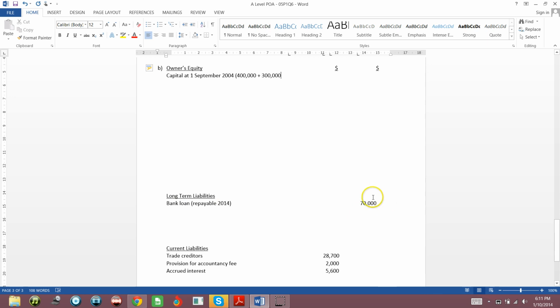His own money is 400,000, which he used to buy a retail business from another business owner, and 300,000 he put in his business bank account. So that means his beginning capital is 700,000.